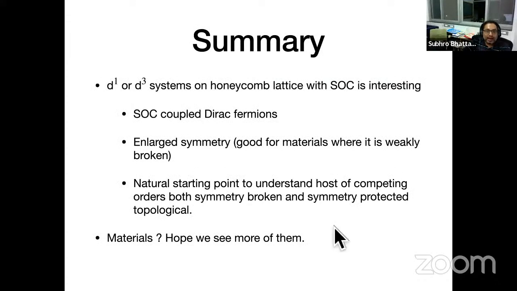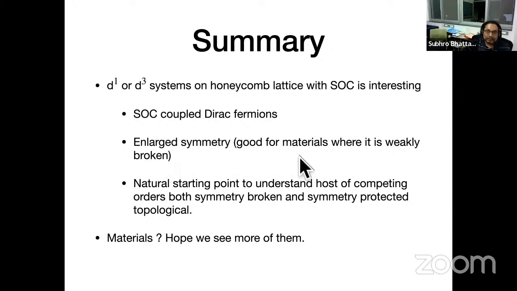Okay, so with that, I'll quickly summarize that hopefully the d1 or d3 systems on honeycomb lattice with spin orbit coupling are interesting and worth investigating from various points of view, and this gives rise to spin orbit coupled Dirac fermions with enhanced symmetries. And this point of view is, of course, good for materials where this is weakly broken.